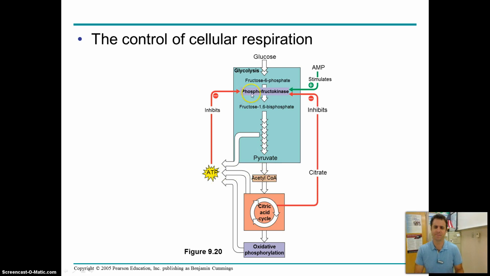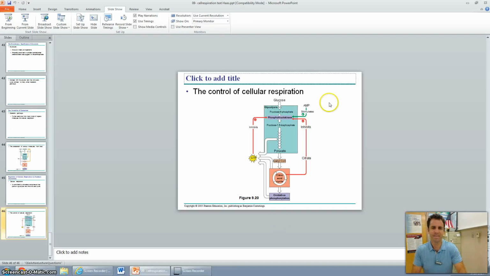ATP also inhibits PFK, and the presence of AMP, or adenosine monophosphate, meaning all our ATP has been converted and broken down into ADP and then AMP, meaning we don't have a lot of ATP around, we need more. It turns on the system and makes it go. Okay, so those are ways to allosterically control and regulate the system.